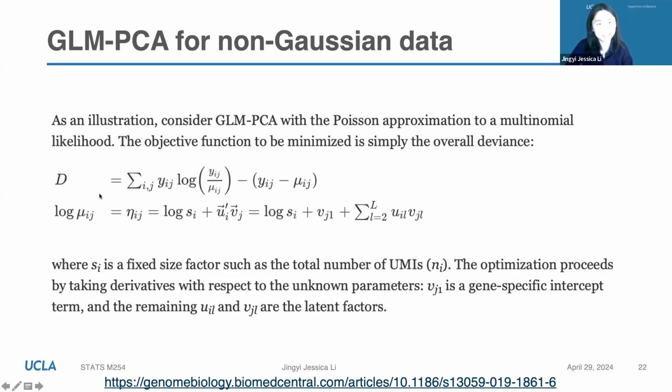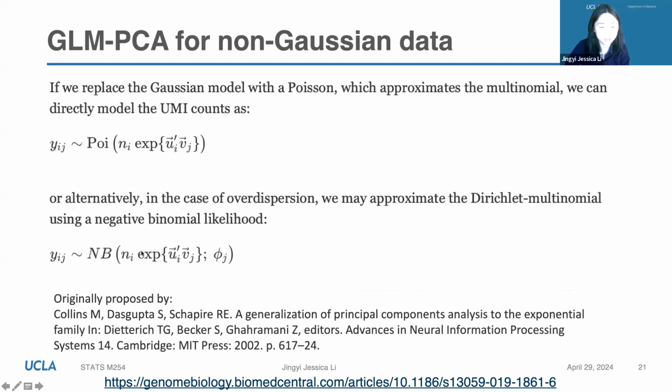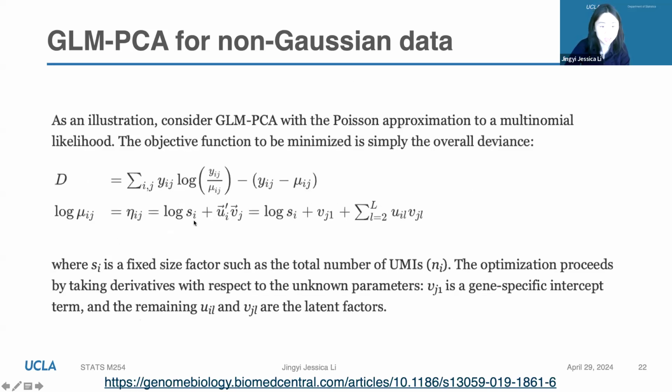You remember in the Gaussian case, minimizing MSE is equivalent to maximizing likelihood. Same thing here: minimizing deviance is equivalent to maximizing likelihood. And here, if you look at log mu ij, the mean can be written as this.